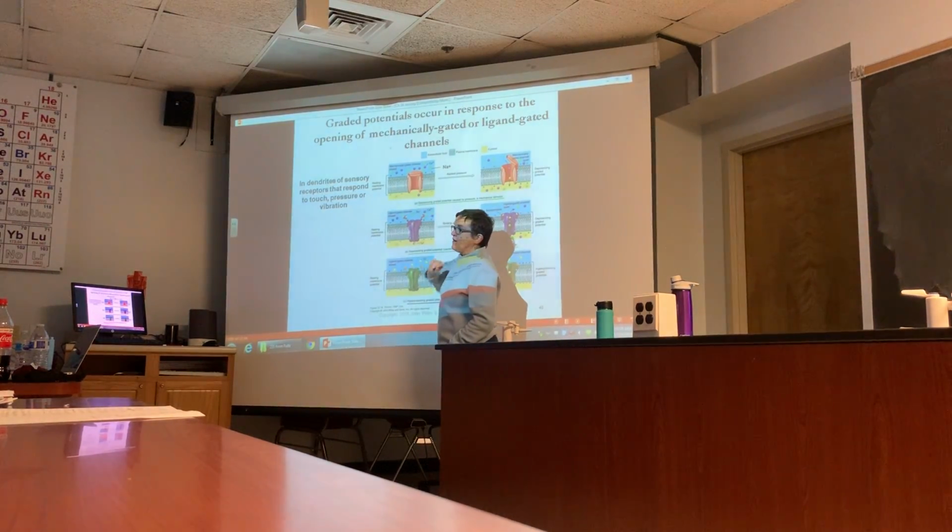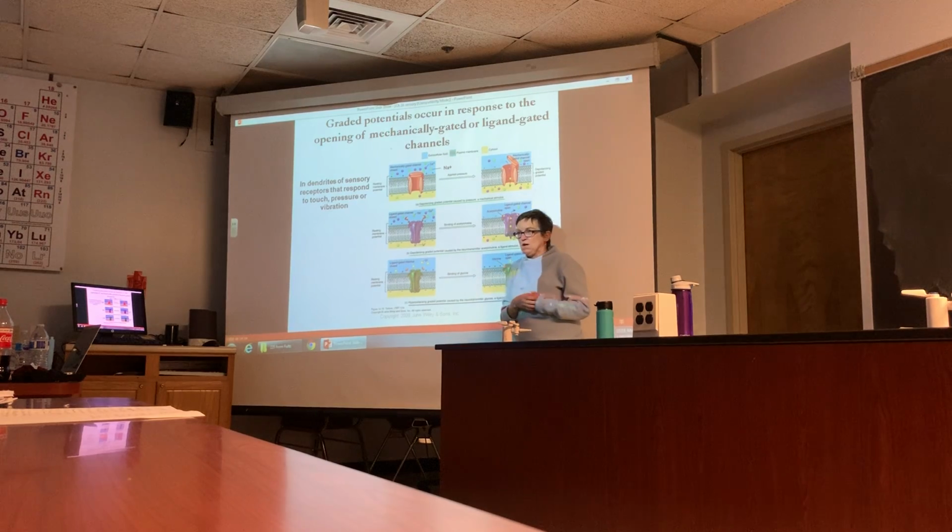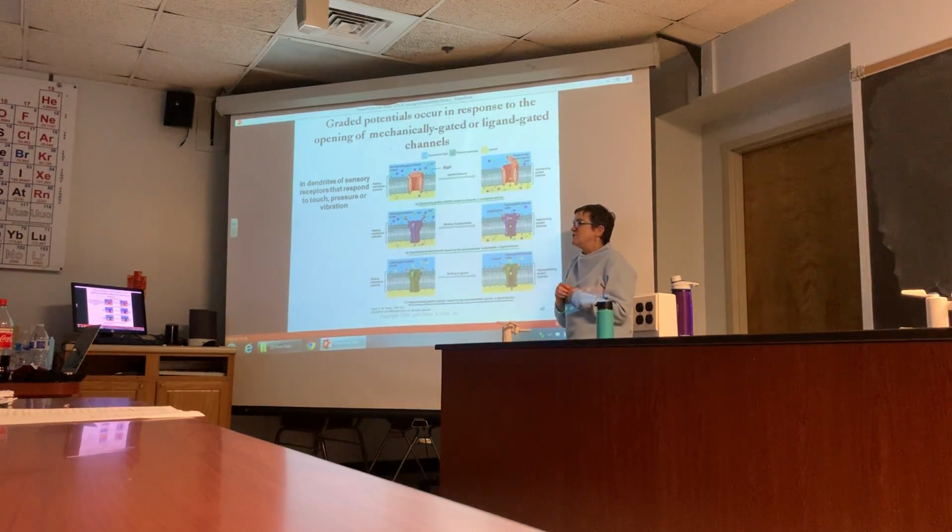Now, not all receptors work this way, as we'll see when we get into some of the other types of receptors, particularly in the special sense organs. There's other ways that these receptor potentials or generator potentials happen. But in most tactile sensation, with the exception of itching, which is a different thing.